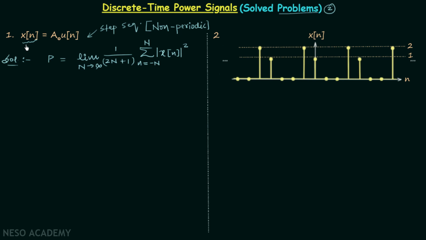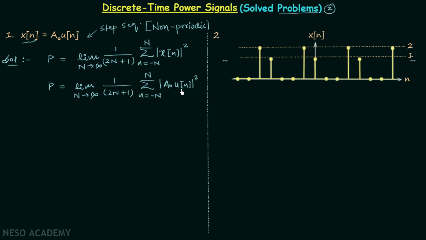We are calculating the average power of x[n], and x[n] is equal to a0 u[n]. So in place of x[n] I will put a0 u[n]. So we have the average power P equal to limit n tending to infinity 1 over 2n plus 1, then summation n equal to minus n to plus n, mod a0 u[n] square.